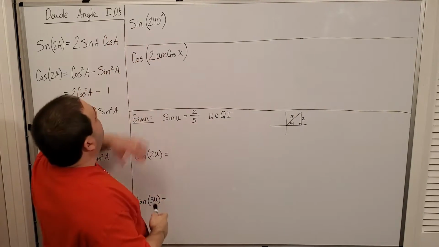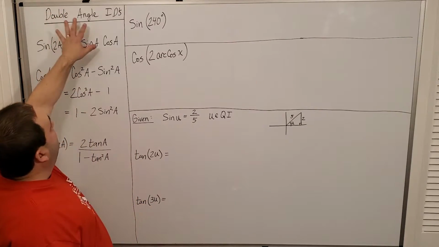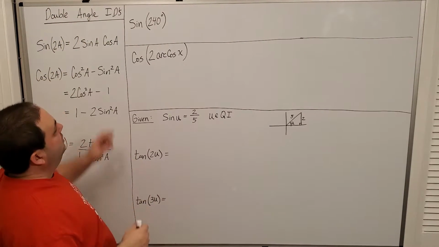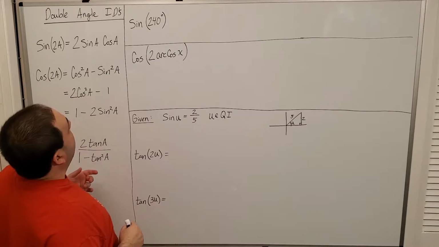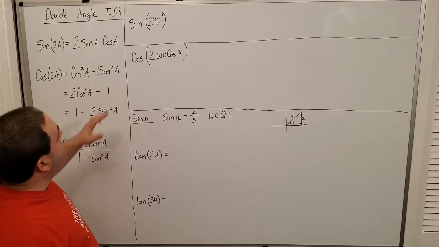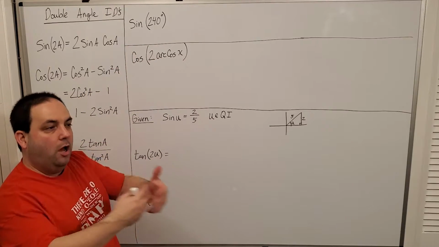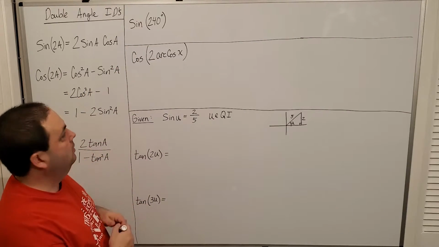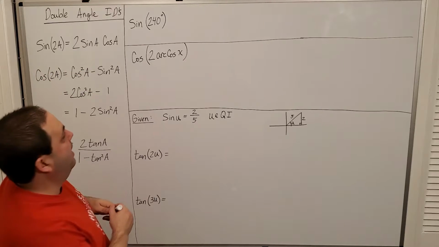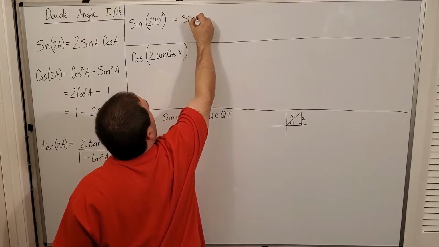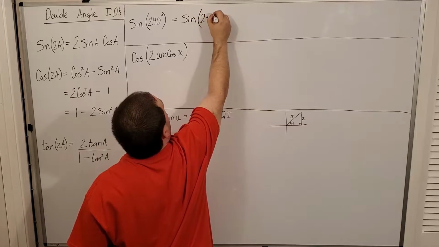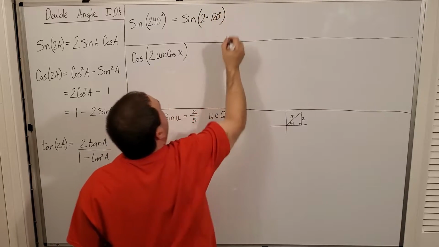Okay, so for sine of 240, if I'm going to use a double angle identity, if I'm told find this value, but you must use a double angle identity, okay? The first thing you want to do is I want to write this as a double of some angle so that it fits this format here. So that's going to be the sine of 2 times 120 degrees.